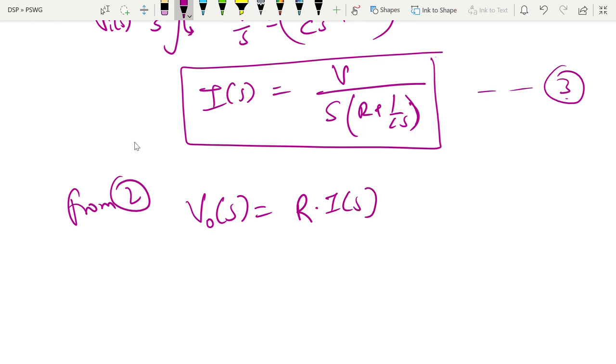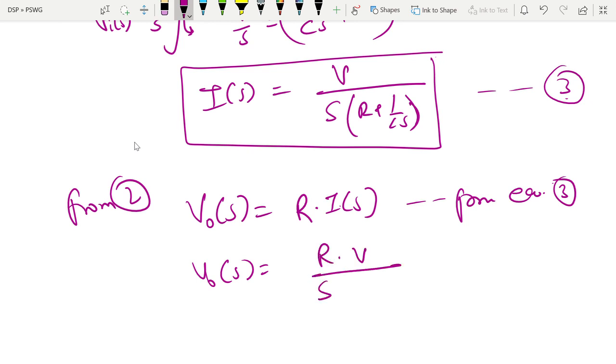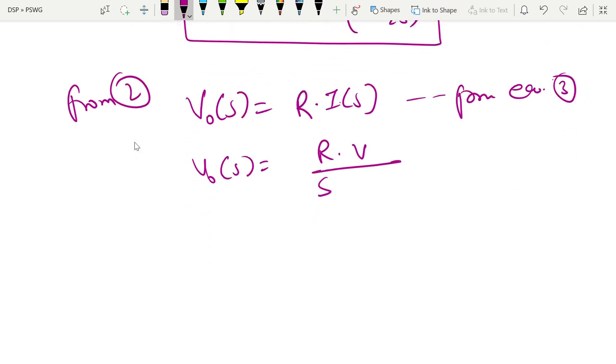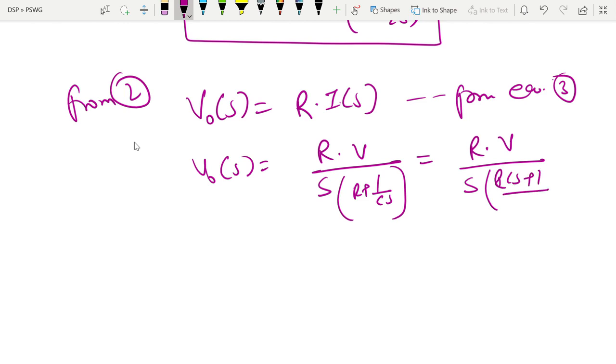From equation 3, if we put the I(s) value here, Vo(s) equals R into V by s, divided by R plus 1 by Cs. By further simplifying, taking the LCM, the Cs will cut down.